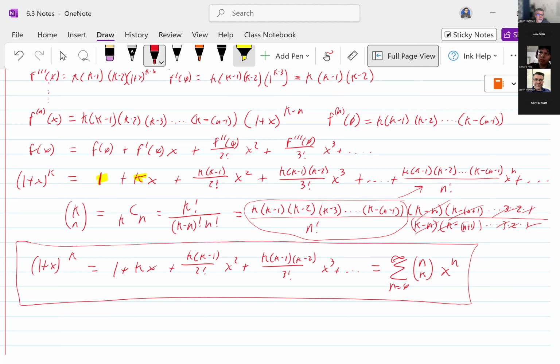You could approximate (1 + x) to the 50th power by doing this binomial expansion, and you would actually have an infinite number of terms, but you would just keep getting increasingly closer and closer values to what this polynomial would be. Okay, and that is section 6.3.